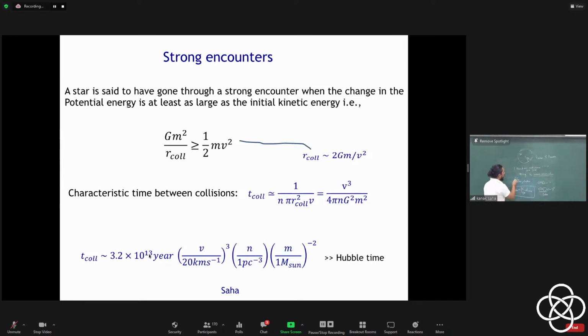By the way, the same thing is not true for a globular cluster, or even a small star cluster. Their collisions are important, which is governed by this relaxation time. So this gives you a feeling that we have these 100 billion stars going around the galaxy and they don't collide.